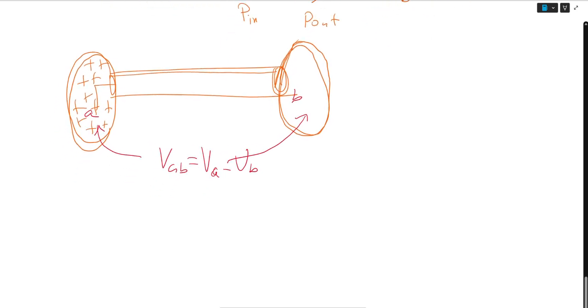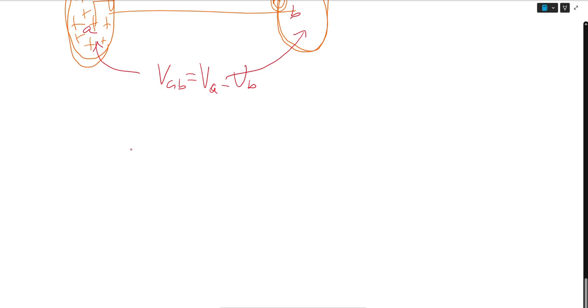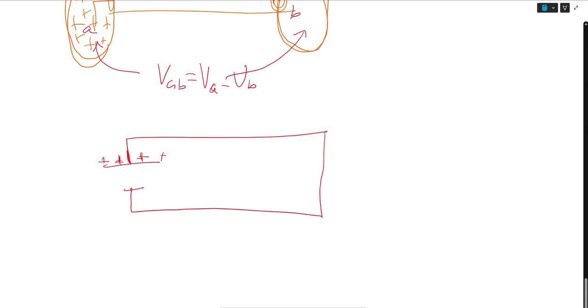And what happens is, this is how batteries work, they want to go, because remember now, opposite charges attract. So these plus charges want to go and meet with these minus charges.